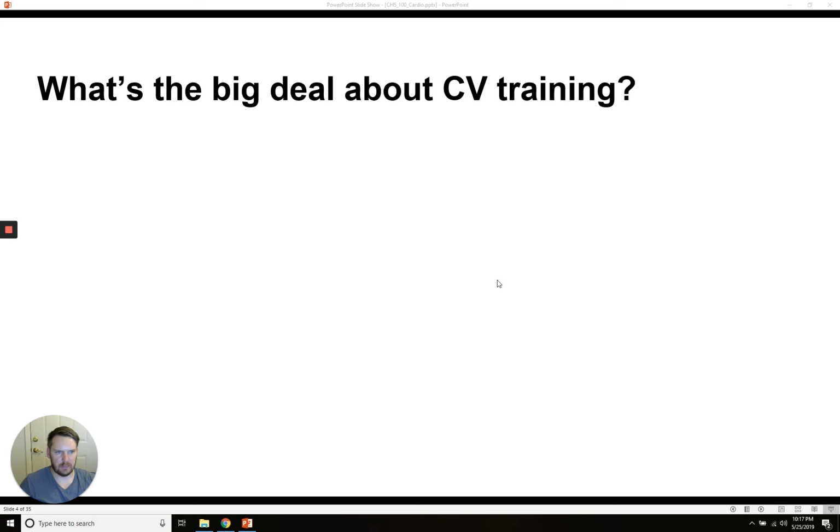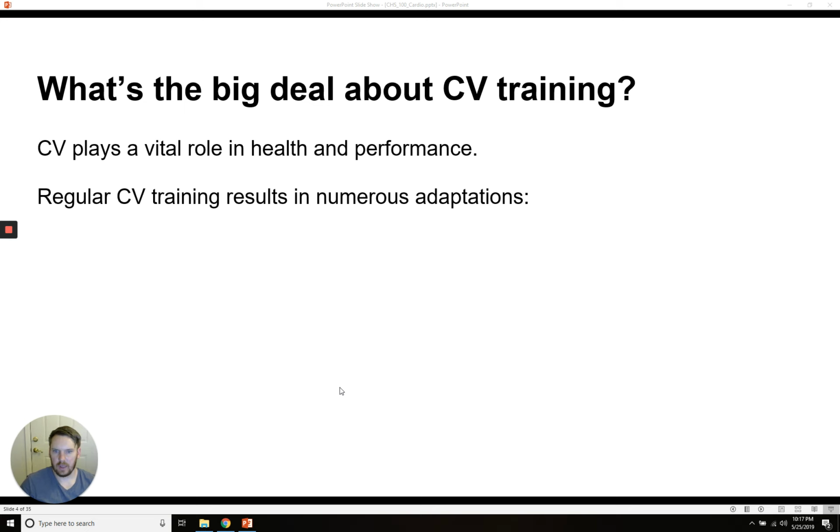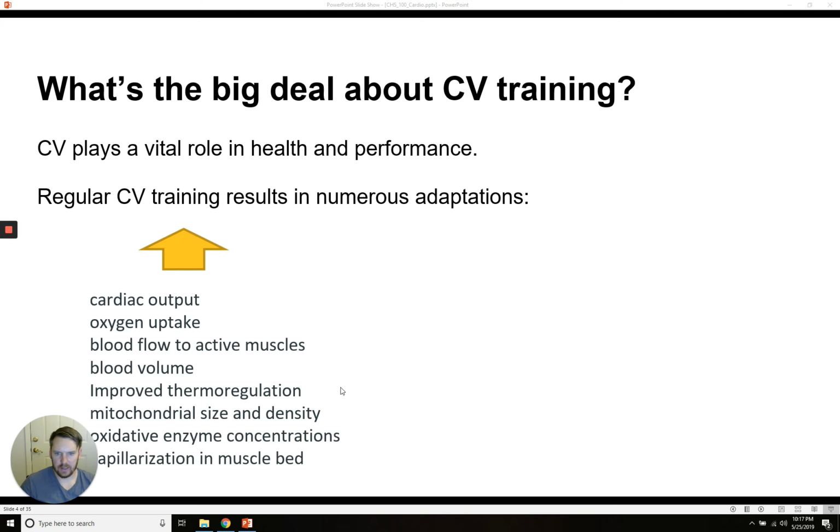So what's the big deal about cardiovascular training? Well, the first is that cardiovascular training plays a key role in health and performance. And it results in several adaptations of the body. So here are a few of those. All of these things are going to increase.